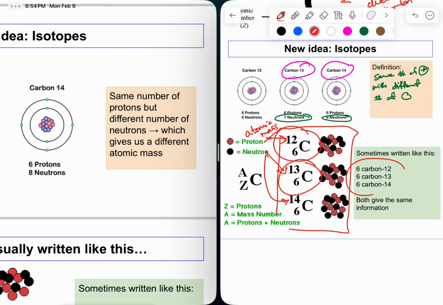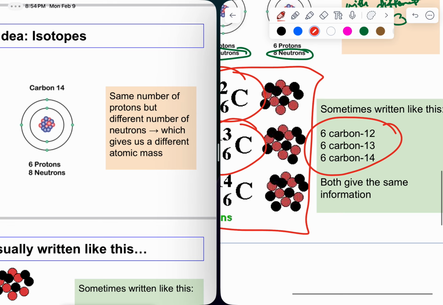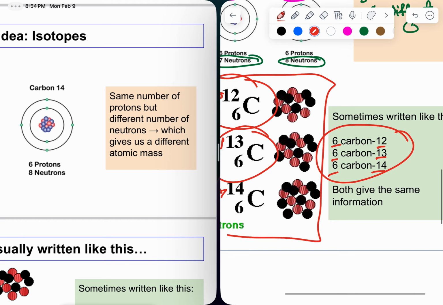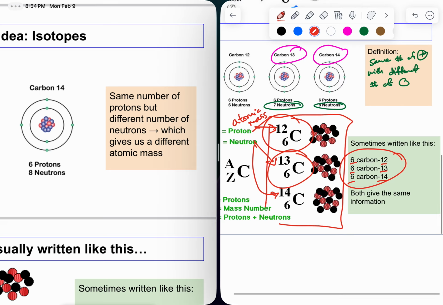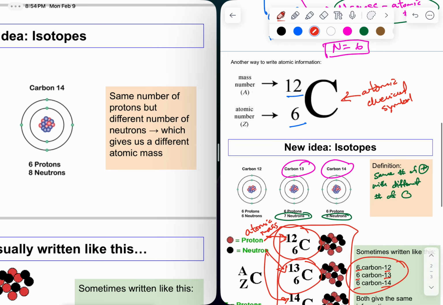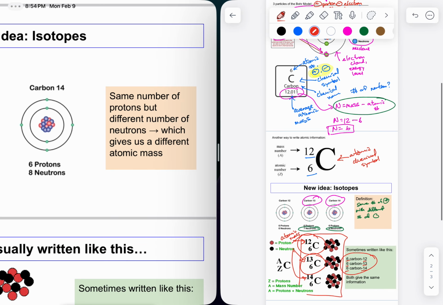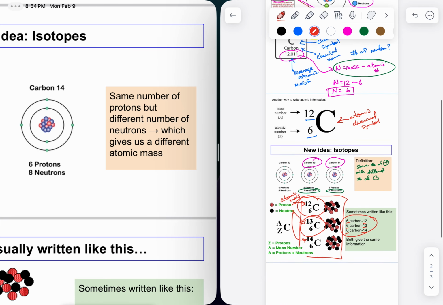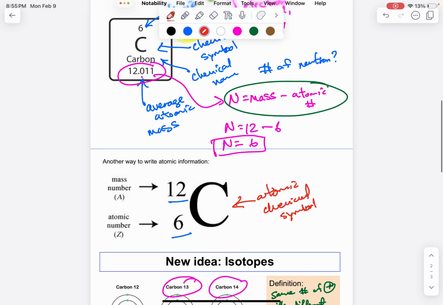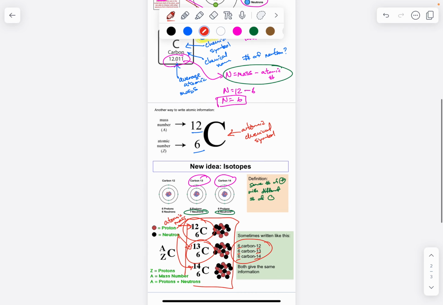Sometimes it'll be written like this as well: 6, 12, 6, 13, 6, 14. We'll call this carbon 12, carbon 13, and carbon 14, and those are the names. That's really all the information that you need to know for this initial understanding. This is something that you might already know that I wanted to go over.